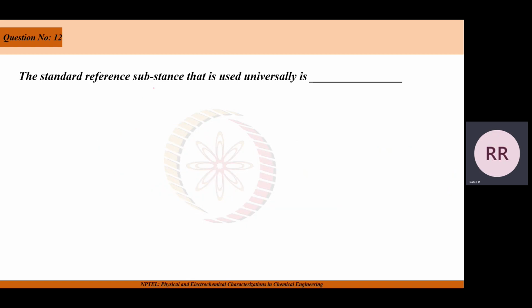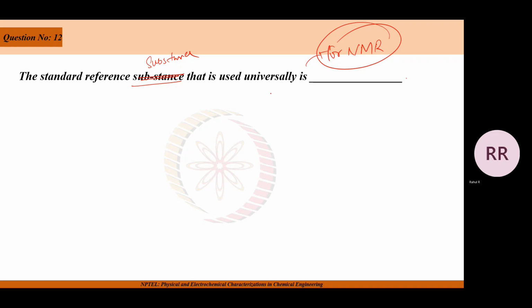The standard reference substance that is used universally is dash. This is actually for NMR. So in NMR spectroscopy, what is the standard substance that is used as a reference point? You measure this chemical shift.